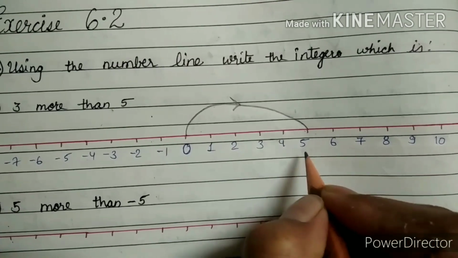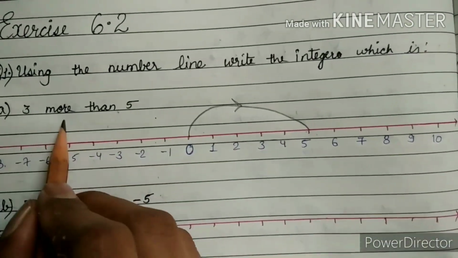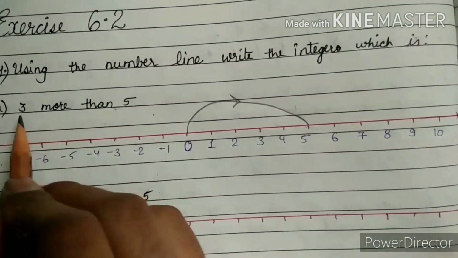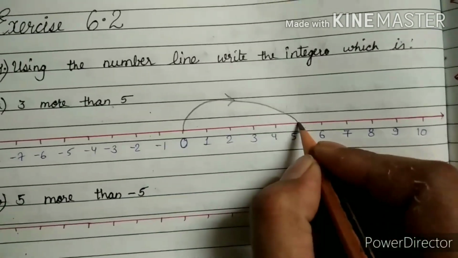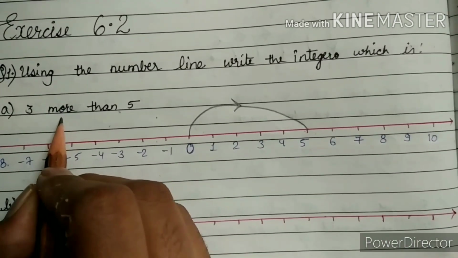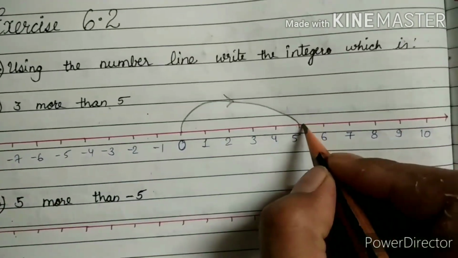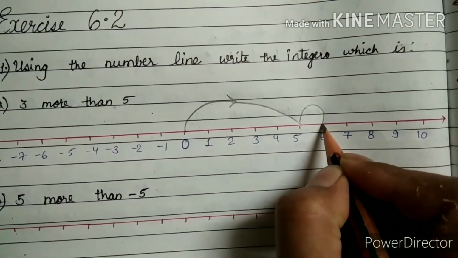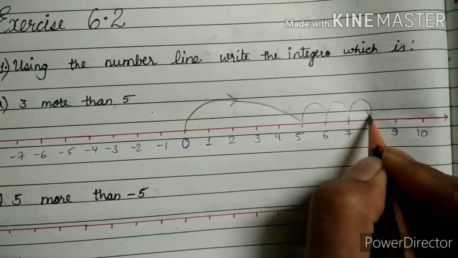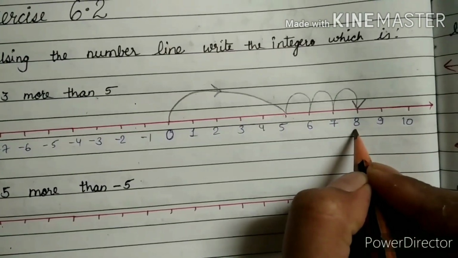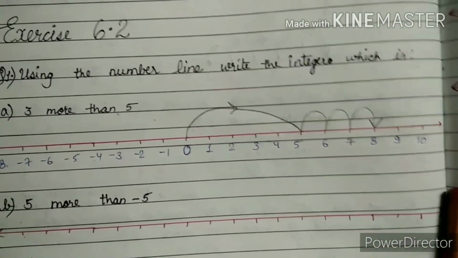Now we have to go 3 more than 5. So how many steps do we have to jump? We have to jump 3 more steps on the right hand side, because the word more is here. This is the first step, this is the second step, this is the third step. Here we reach which number? We reach the integer 8.